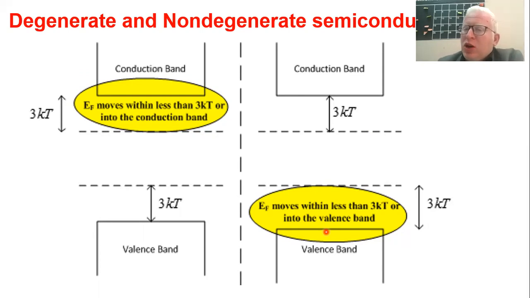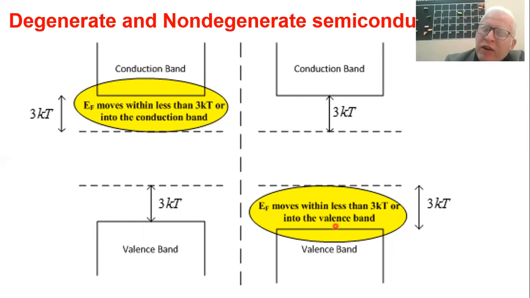In other words, when you increase the doping so that your Fermi level is very close to the conduction band, or very close to the valence band, then this is a special case of semiconductor, which is called a degenerate semiconductor.